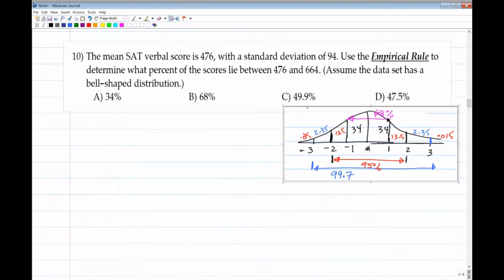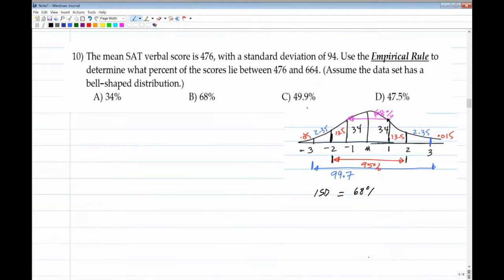One standard deviation is equal to 68%, which is plus or minus 1, two standard deviations will be equal to 95%, and three standard deviations will be 99.7%.